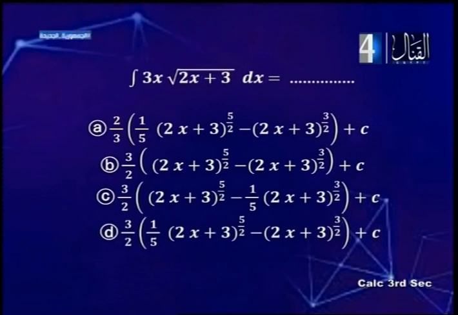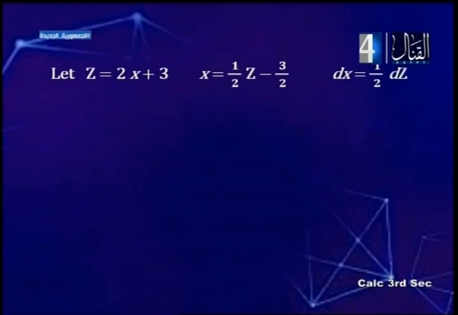Now we have integration by substitution. Let z equal 2x plus 3, hence x equals half z minus 3 over 2, and dx equals half dz.